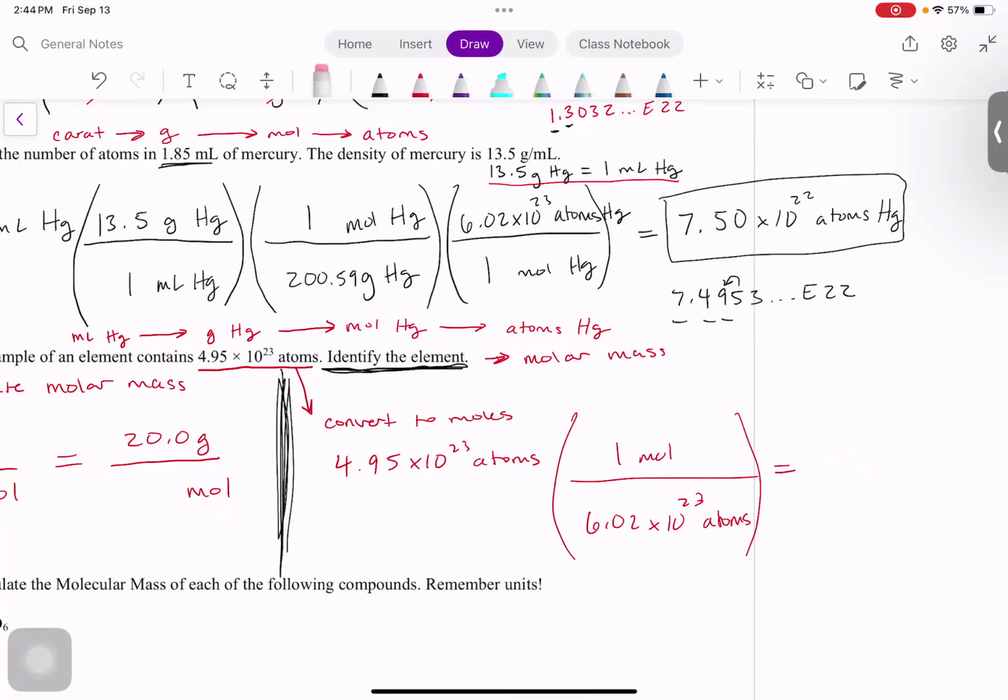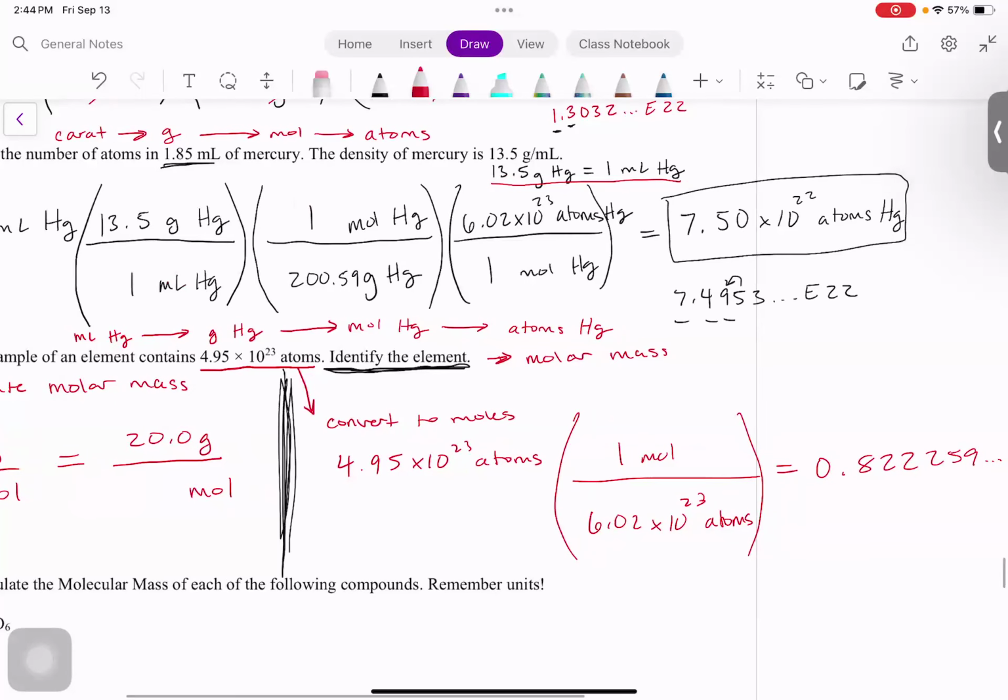So 4.95 times 10 to the 23rd divided by 6.02 times 10 to the 23rd also. And I end up with 0.822259, and then a bunch of other stuff. So I'm going to keep most of these digits. I'm not going to round just yet.